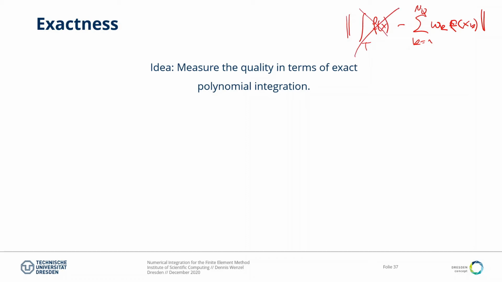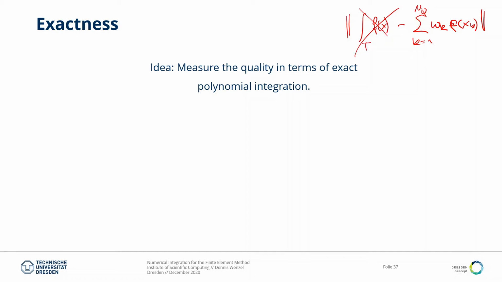So what do you do? Instead of using this a posteriori error estimation, you go for a priori, trying to find out how well it can perform, and you do this in terms of polynomial integration. When estimating the quality of a quadrature rule, you say that it can integrate polynomials of a certain order exactly.